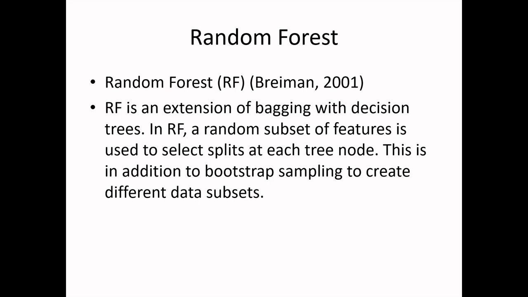So basically you're trying to improve the independence between the different trees that you will be building by working with different data sets or subsets, and also looking at not the same set of features, but a slightly different set of features.